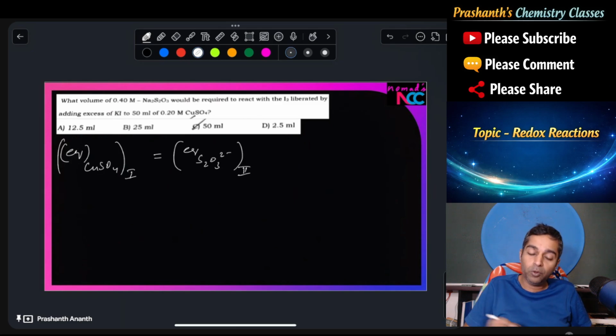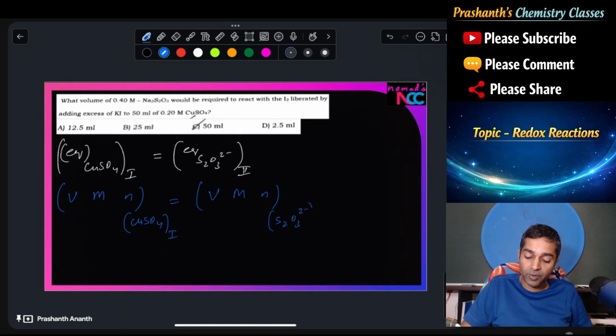The N factor for both of these is going to be 1, meaning we can now say volume into molarity into N factor for copper sulfate in equation number 1 should be equal to volume into molarity into N factor for S2O3 2 minus in equation number 2.